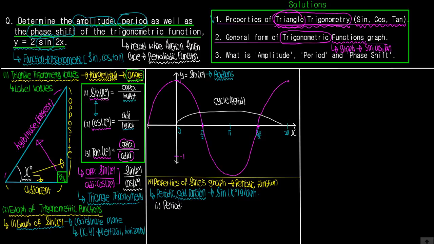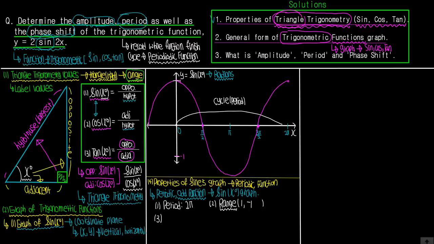So our period is 2 pi. The second thing is our range. And what is the range? Range is the domain of our y coordinates, or y values. The maximum is 1, and our minimum point is -1. It won't go under -1. This is what the range of our y coordinates is.